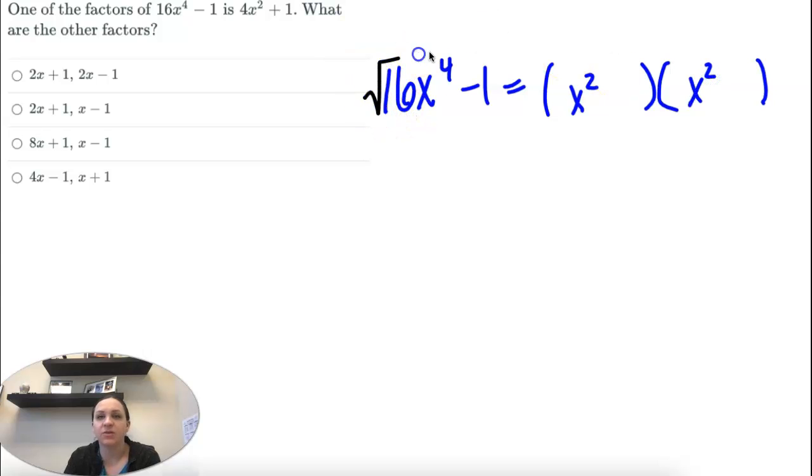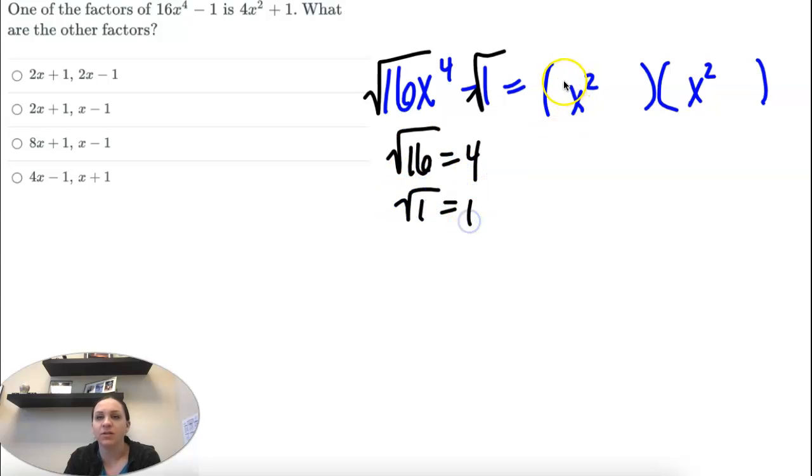So if I take the square root of 16 and the square root of 1, I get 4 and 1. So we have 4x squared plus 1, minus 1. Right? And that's where this comes from. That's one of our factors.